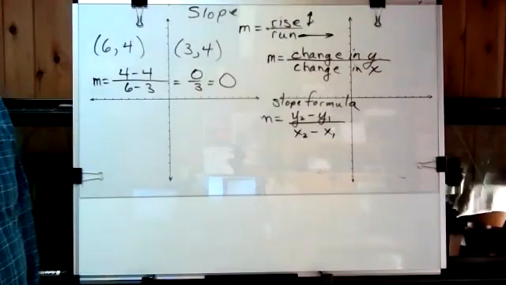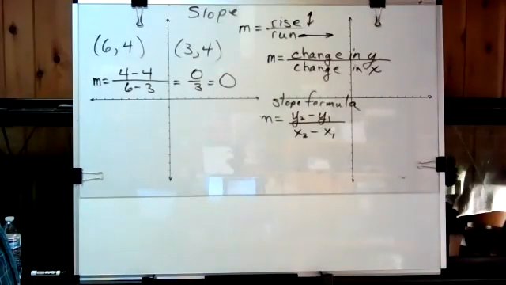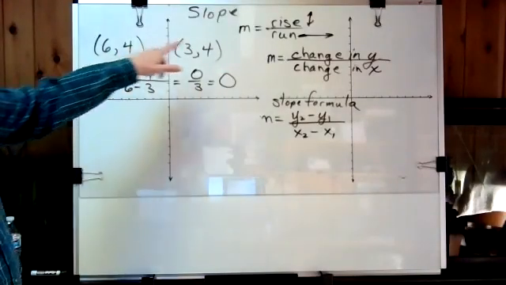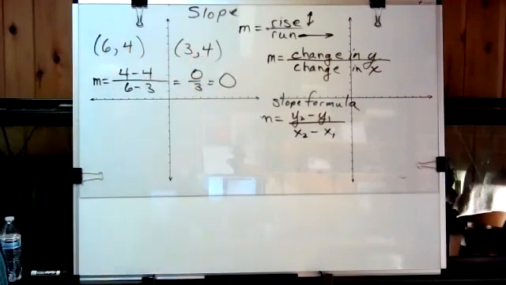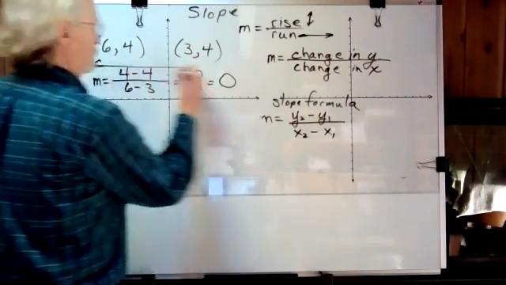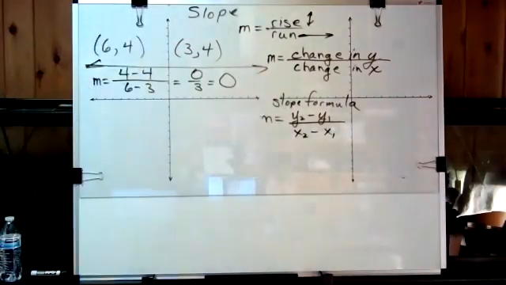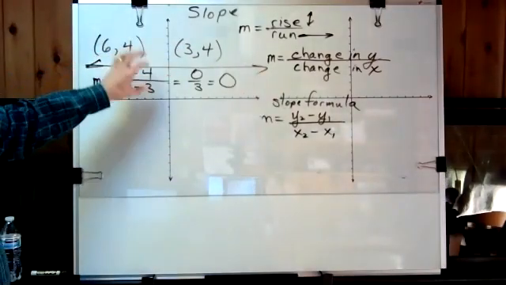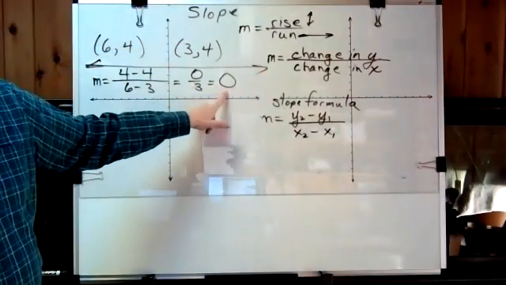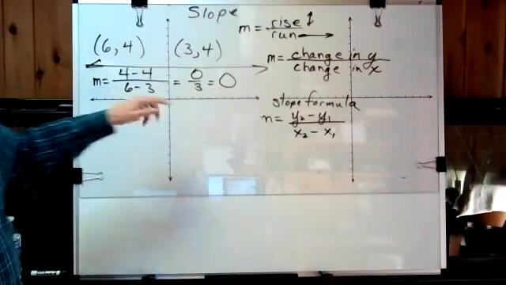What kind of line is that? Looks like y is always 4. We can mathematically calculate and get that 0 for a horizontal line.